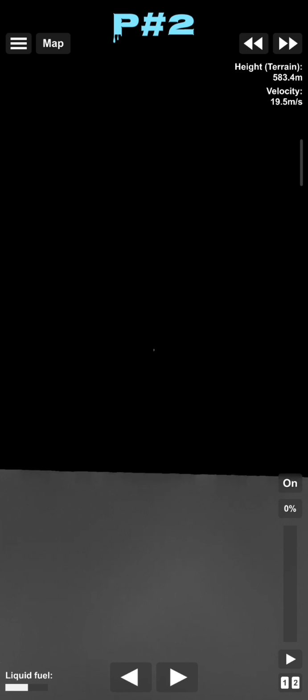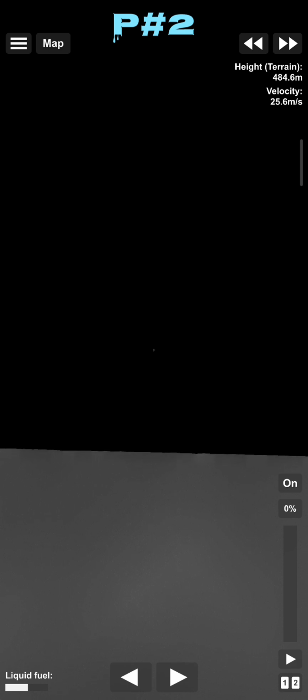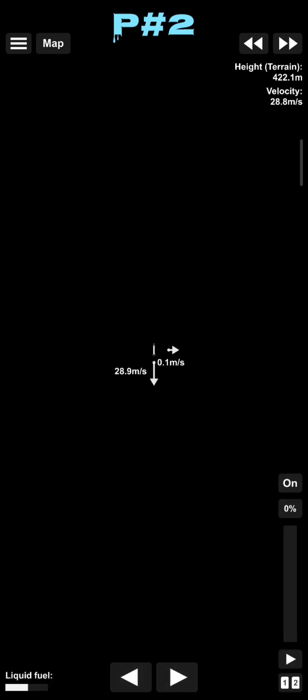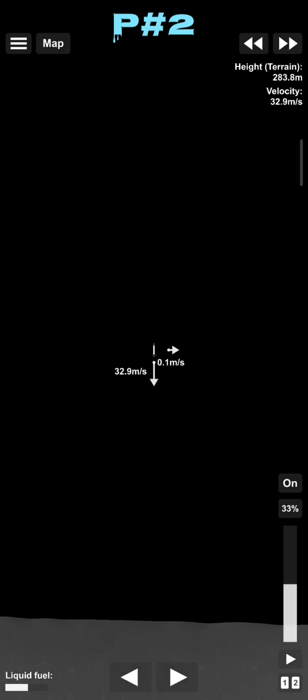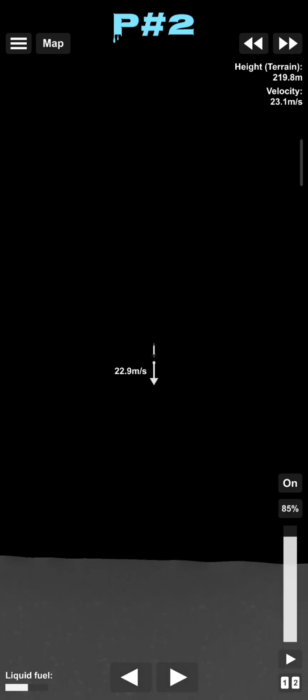$600 are remaining. The velocity of the rocket is 33 downward velocity.